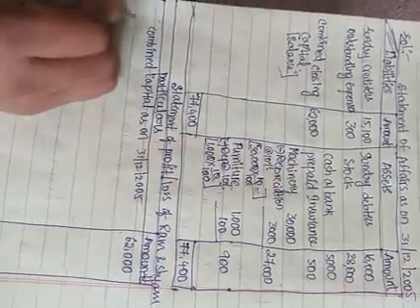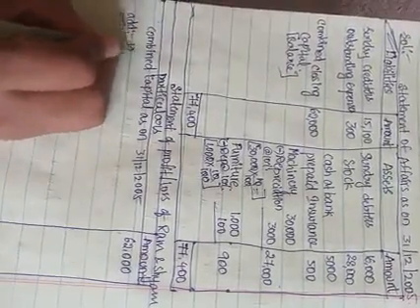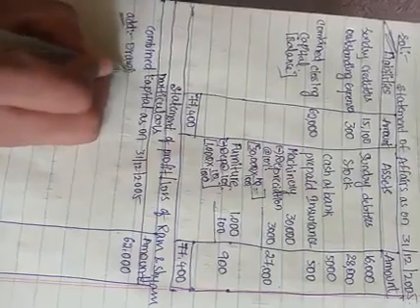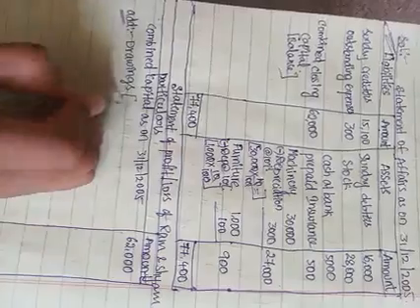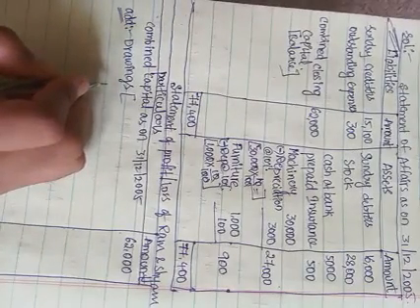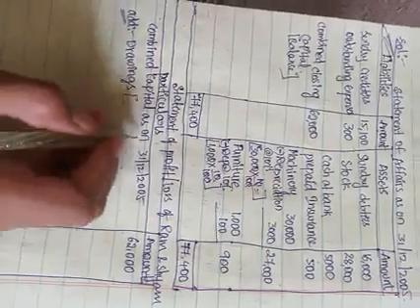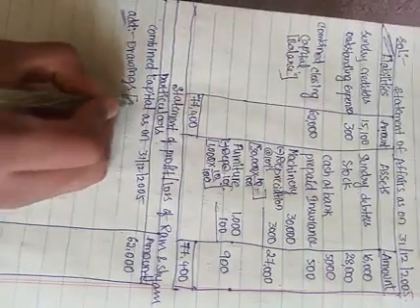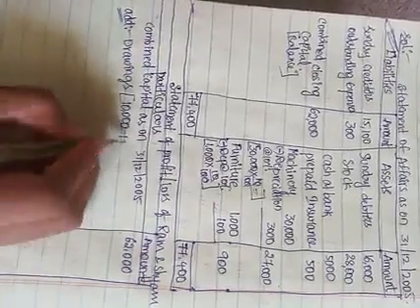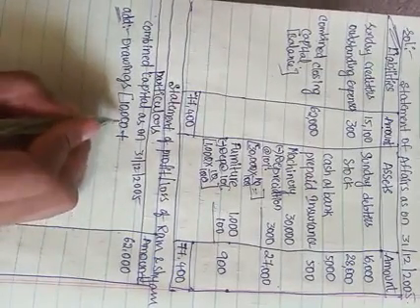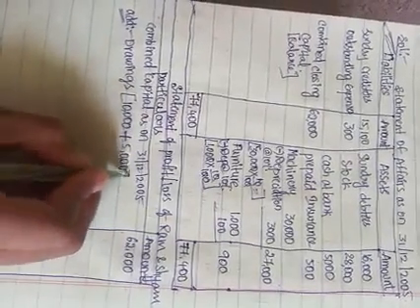Next, add drawings. How much drawings? Both the partners Ram and Sham. Ram had withdrawn 10,000 and Sham withdrew 5,000 for their private use. So Ram's drawings is 10,000 plus Sham's amount is 5,000.